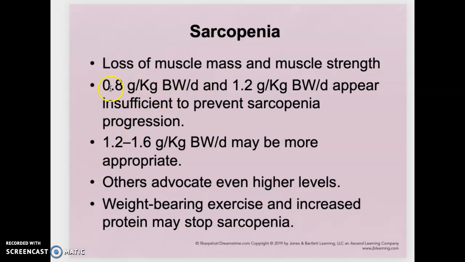So to prevent that, we'll usually go above this RDA up to 1.2. 1.5 is something I would even give patients with cancer-related sarcopenia as well. So clinical judgment, again, like I said. But weight-bearing exercise is also really important in addition to the protein intake, because if we're not using and exercising those muscles, we're not going to be able to save them or grow them. So we have to have weight-bearing exercise along with the protein intake.